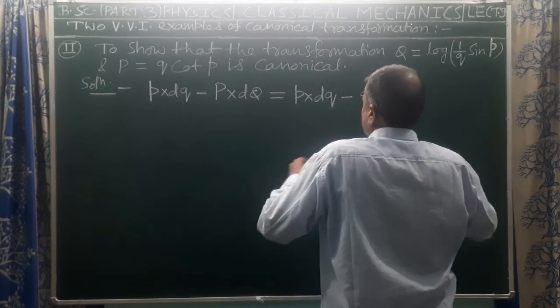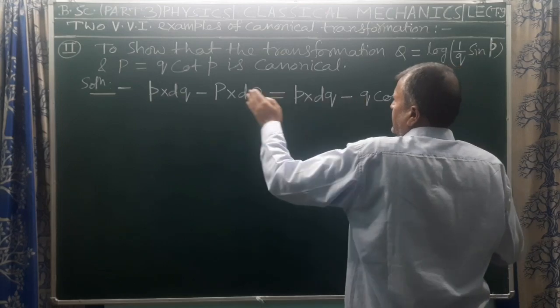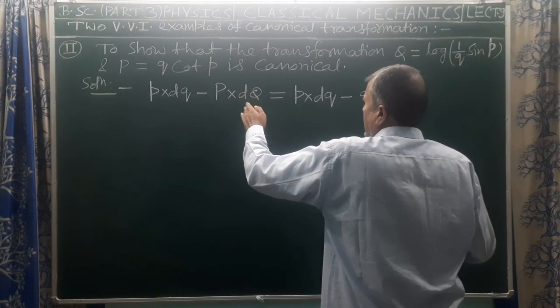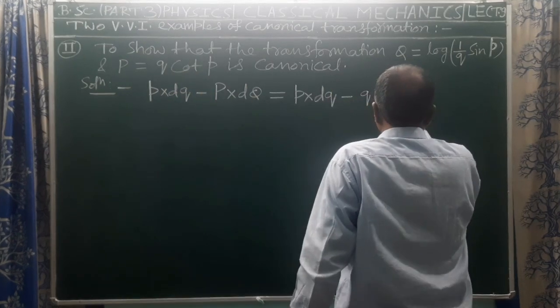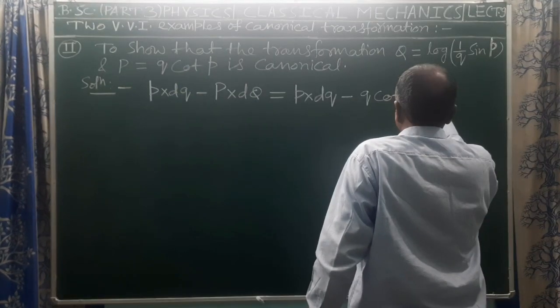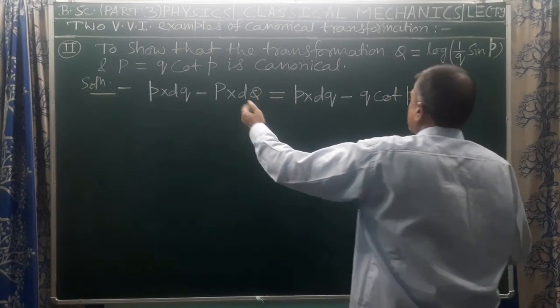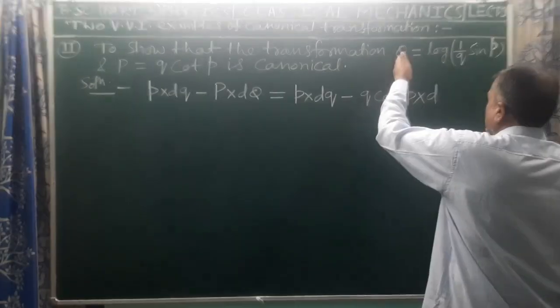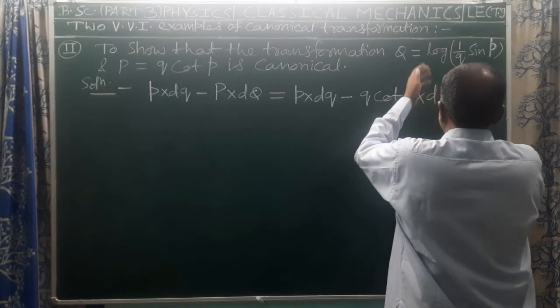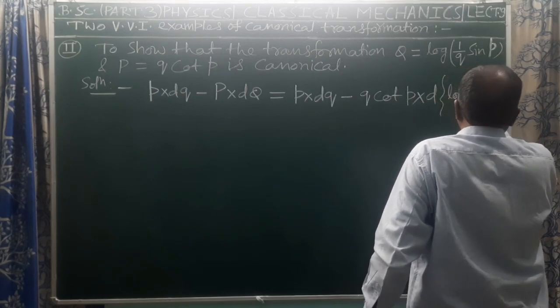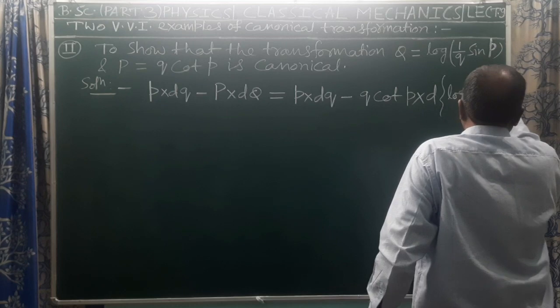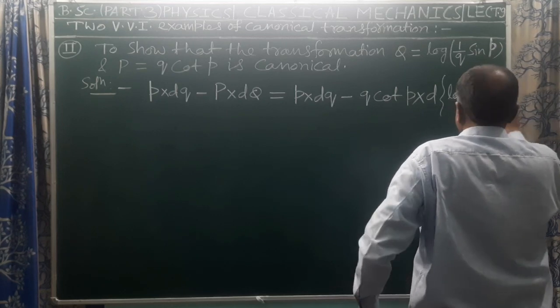So the second term is minus capital P into dQ, and in place of capital P we have small q into cot p, multiplied by the differential of capital Q, and in place of capital Q we can write d of log of bracket 1 by small q into sin small p, bracket closed.